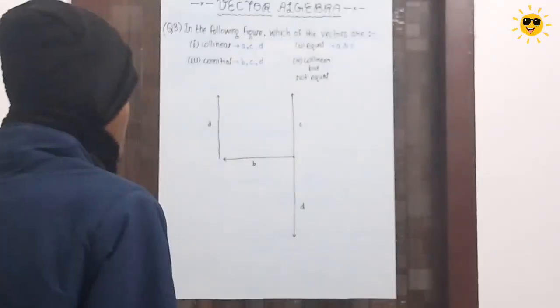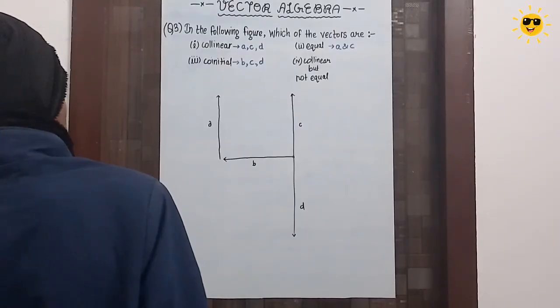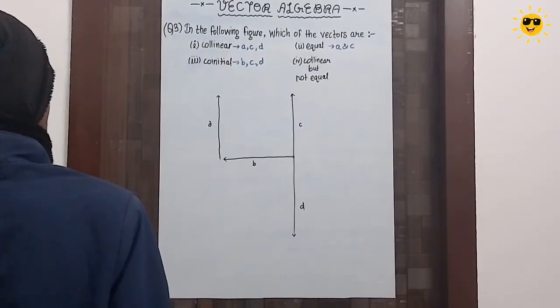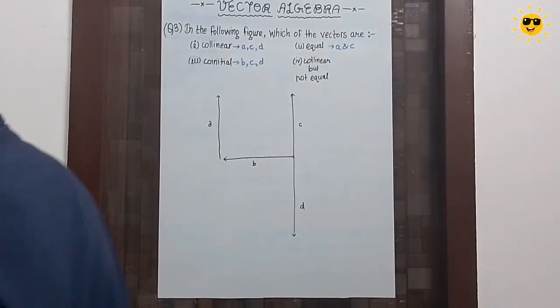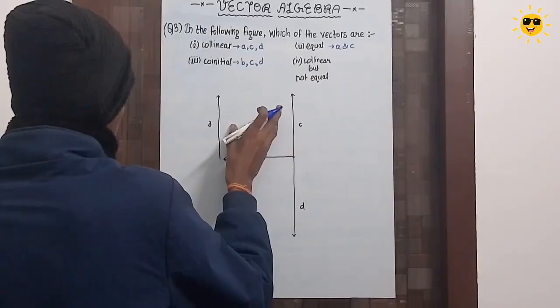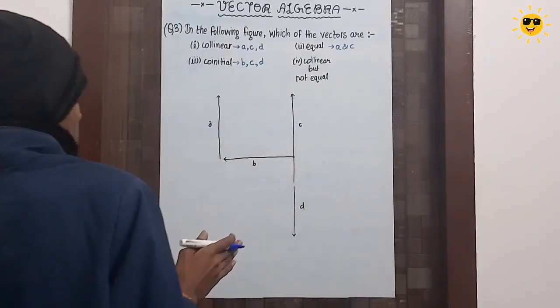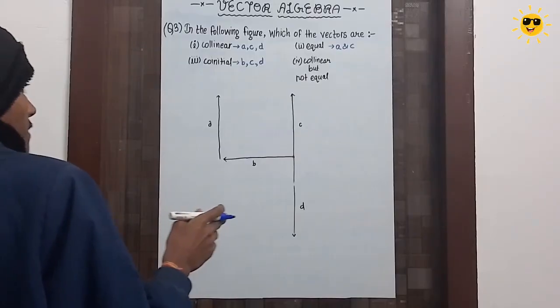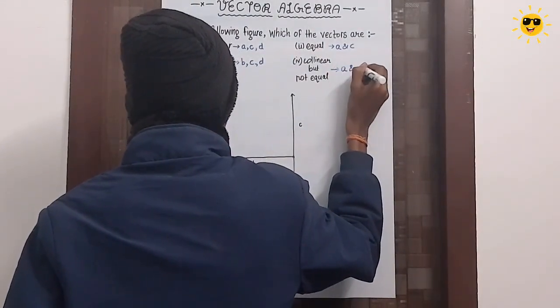We have A, C, D which are collinear. Which of them are not equal? A and C are collinear and equal, thus D is the only vector in the collinear group which is not equal to A. So A and D.